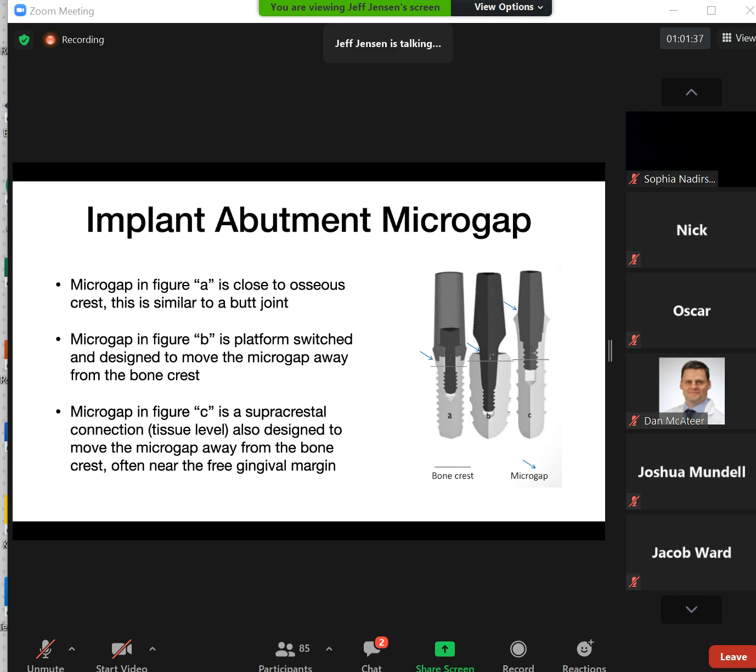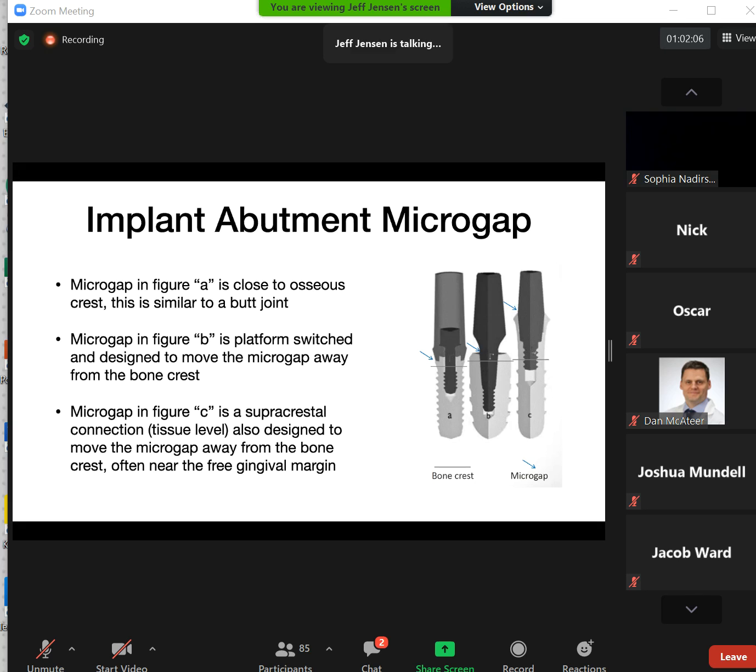So there are different ideas and different ways to manipulate this micro gap to try to preserve bone and prevent bone loss. If you look at the first one, A, this is a butt joint. The micro gap of the implant and the abutment is right adjacent to where your bone level would be, right on the edge of the implant and the abutment itself.